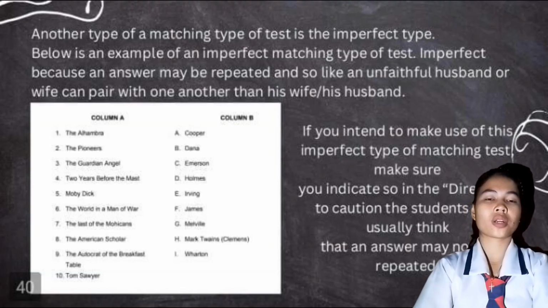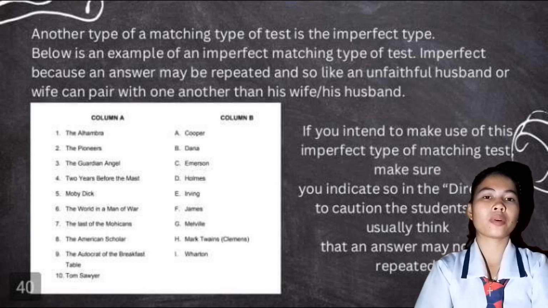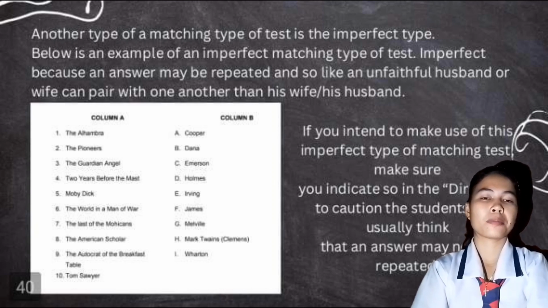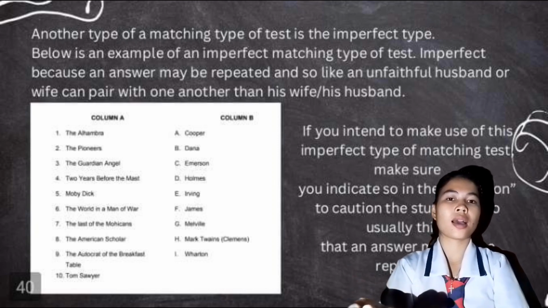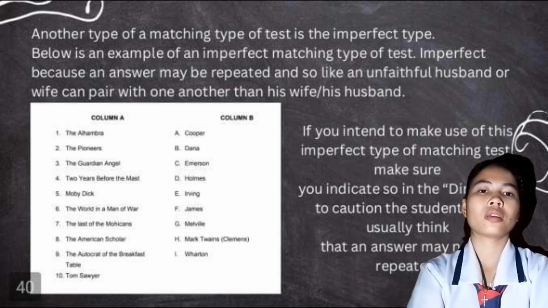So as you can see, here is an example of the imperfect matching type. Here are column A and column B. In column 1 are works and writings in American literature, and column 2 are their authors.